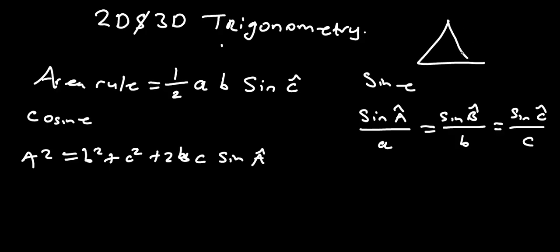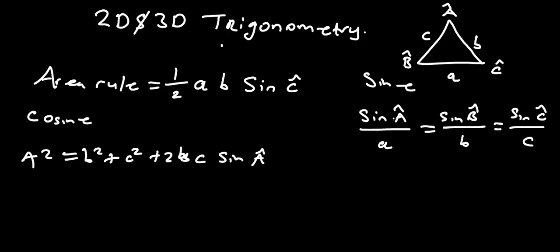the triangle. Sorry, I just want to draw it correctly. So this comes from the triangle. This is gonna be our A, and then B, and then C. As you know, these are our angles.